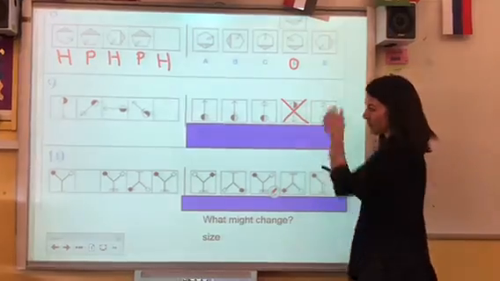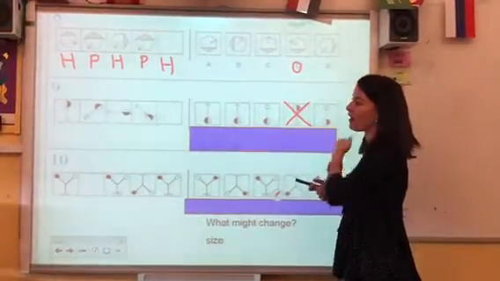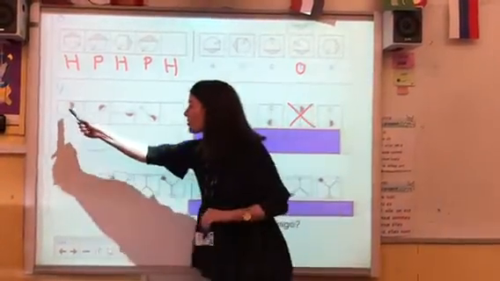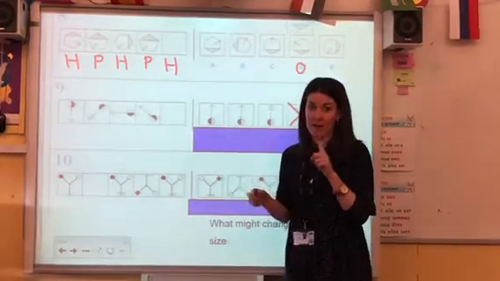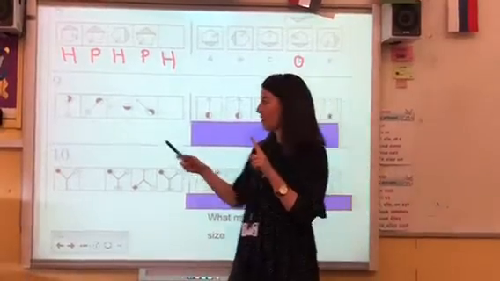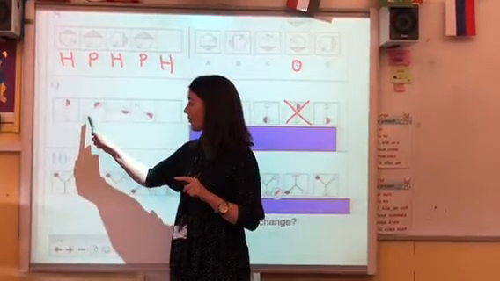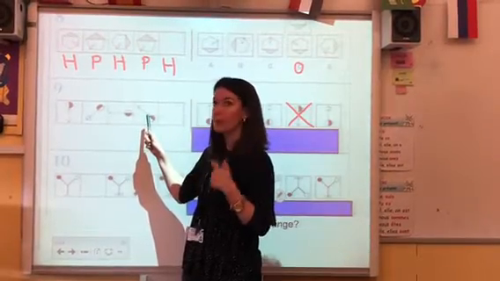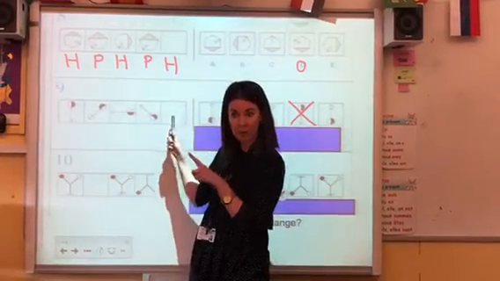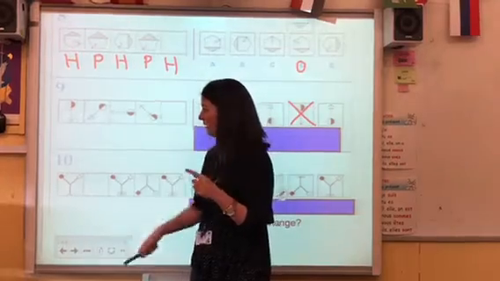Next up, I'm going to look at the line that is going across the arrow in some cases. With the line, again I've noticed a pattern. The line is at the top, at the bottom, no line. At the top, hopefully you're now thinking, at the bottom. So we've got a pattern going on there.